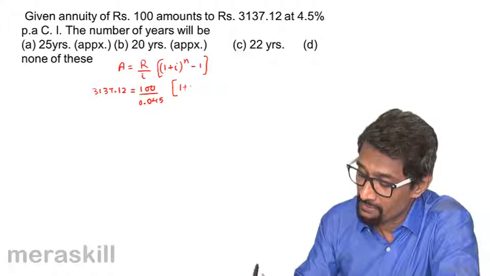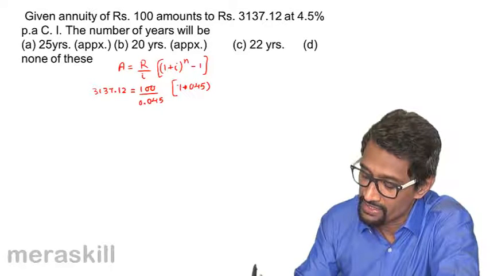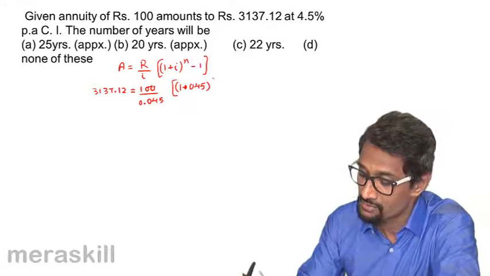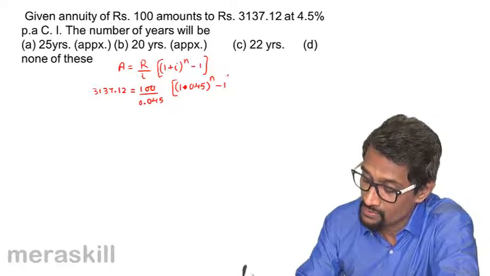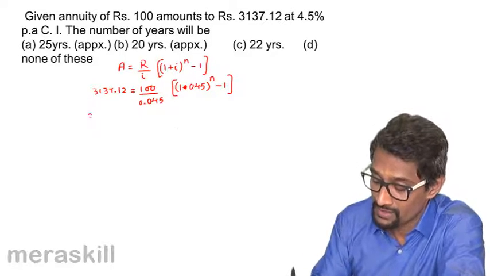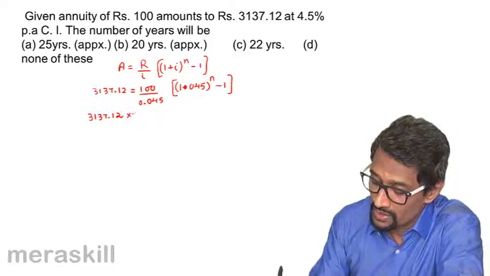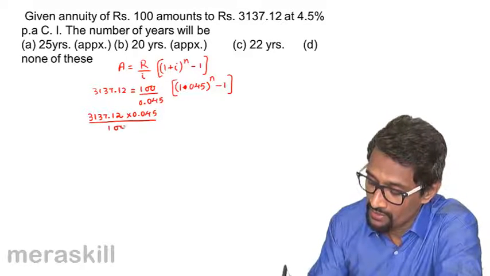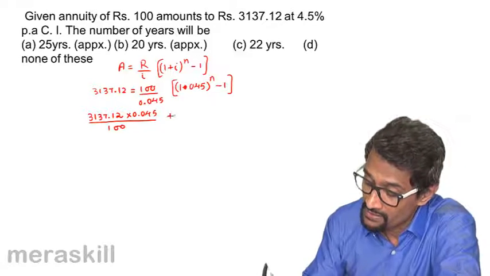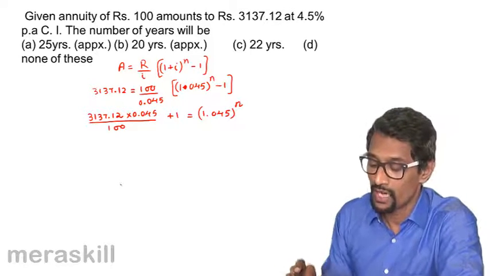And here we have 1 plus 0.045, so 1.045 raised to N, minus 1. We don't know N. So how do we do this? This is the same as 3,137.12 into 0.045 upon 100, cross multiplying, plus 1 is equal to 1.045 raised to N. This is what it will amount to.